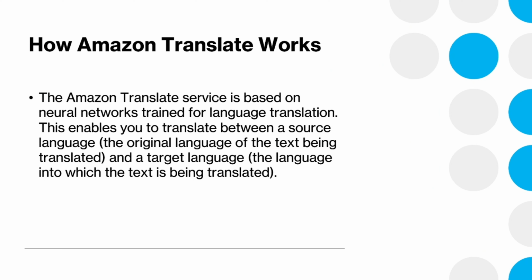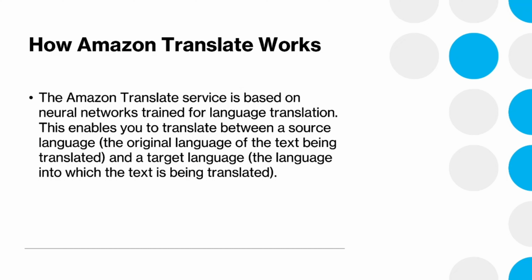So how does it actually work? We get to know what it is and what its potential applications are. Now we should understand how it actually works. So the Amazon Translate service is based on neural networks trained for language translation. The people who are a little bit aware of machine learning and neural networks and the back propagation network must be aware of the backdrop of the working.